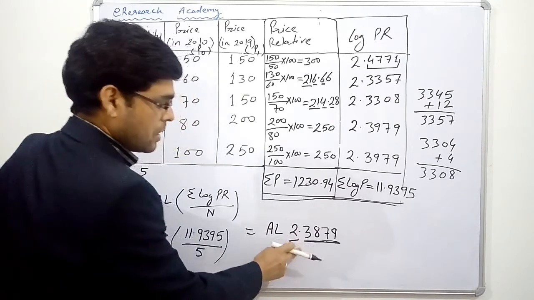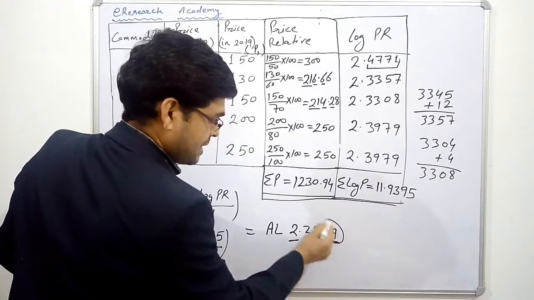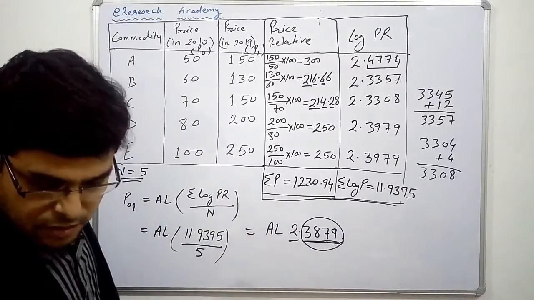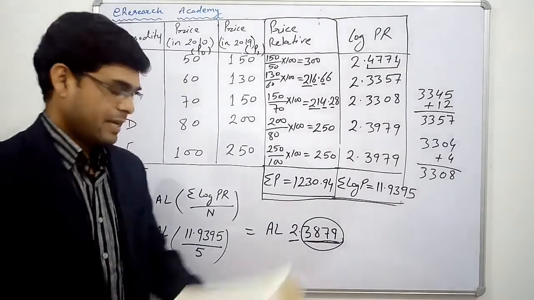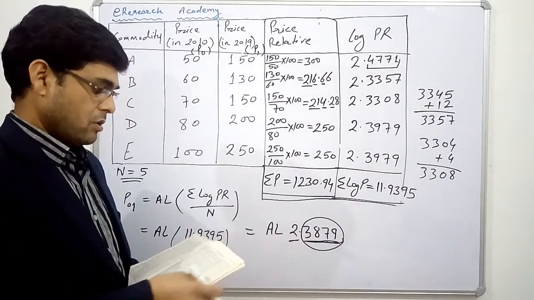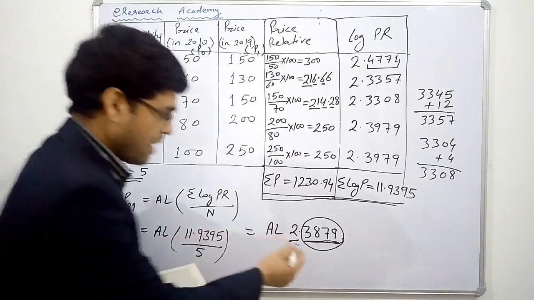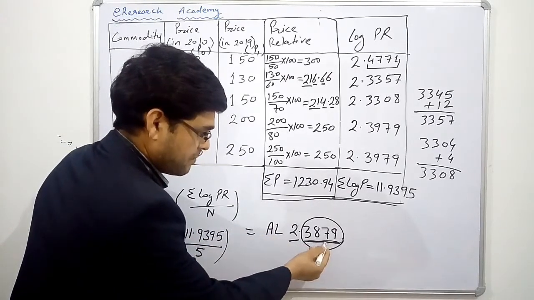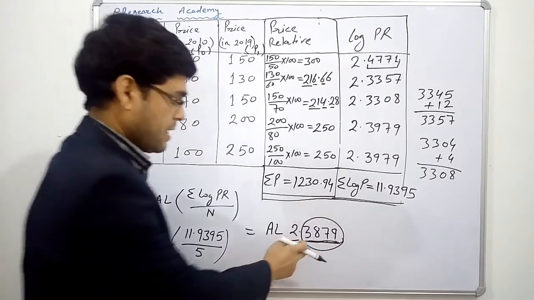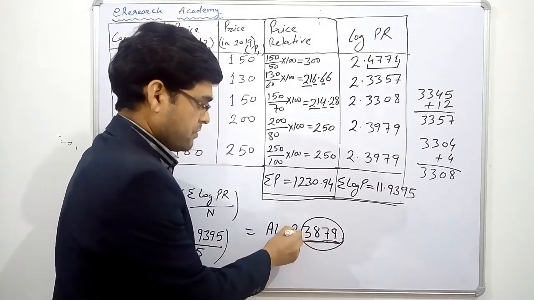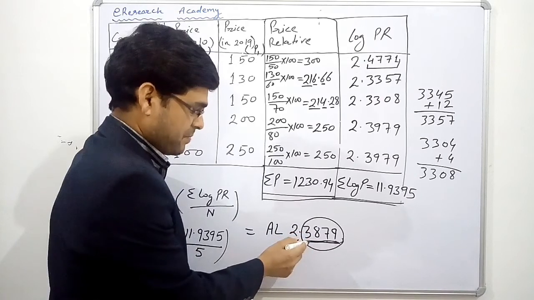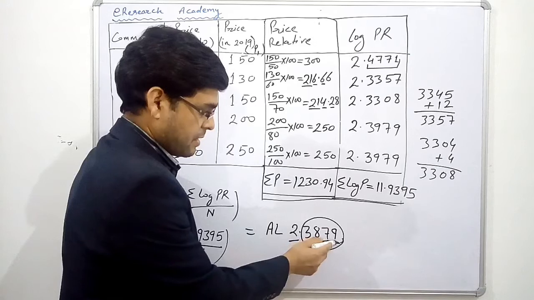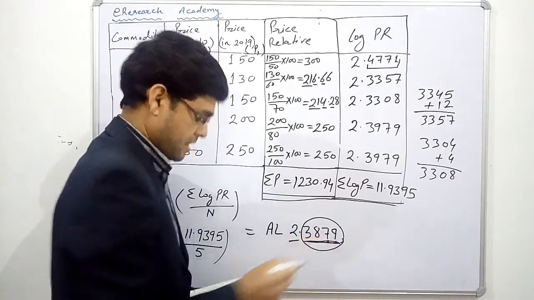I am looking in the antilog table: 0.38, column 7, mean difference 9. You can pause the video and find it.